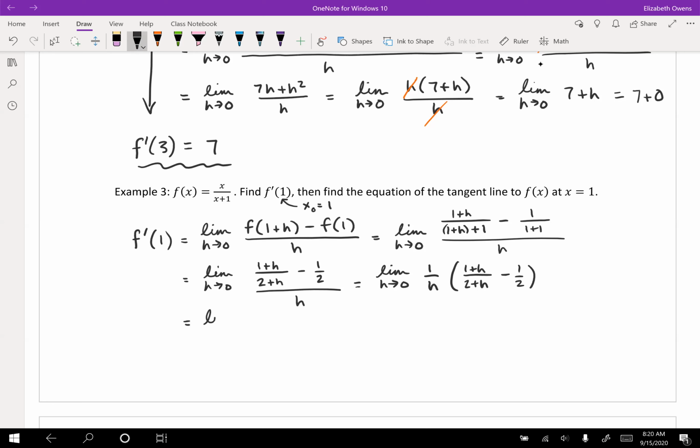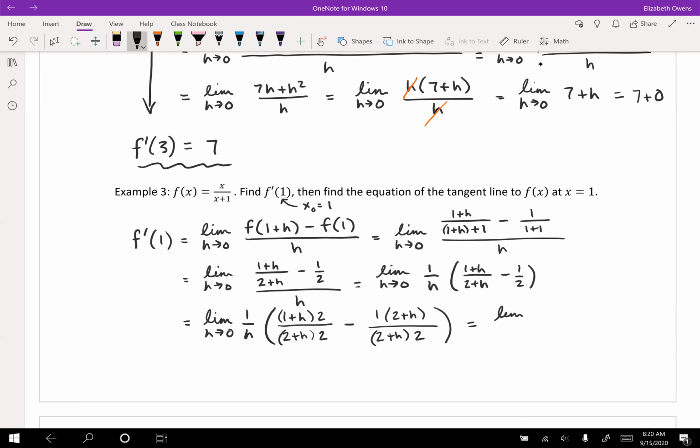So that would be limit h approaches 0, 1 over h, stuff that we just kind of have to carry around there, but hopefully it's a little easier now. We'll have 1 plus h times 2 over 2 plus h times 2 minus the second fraction would need to get multiplied by 2 plus h, 1 times 2 plus h over 2 plus h times 2.